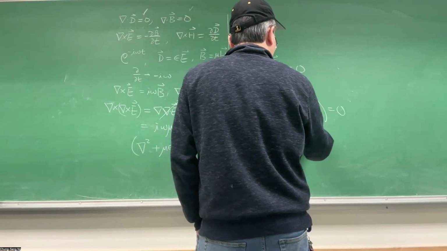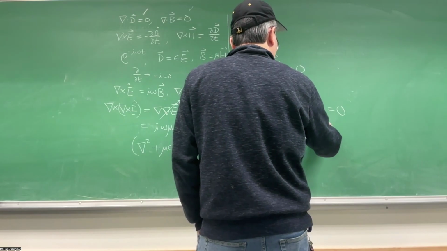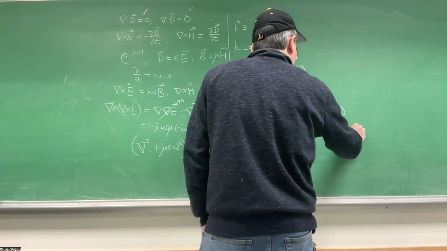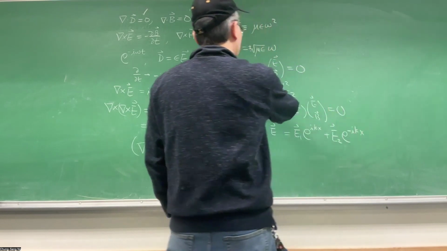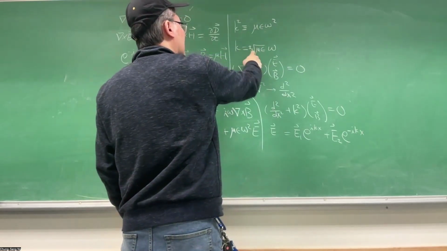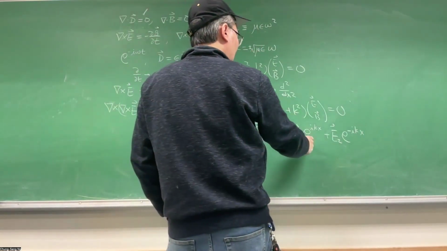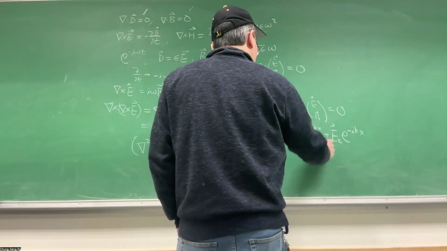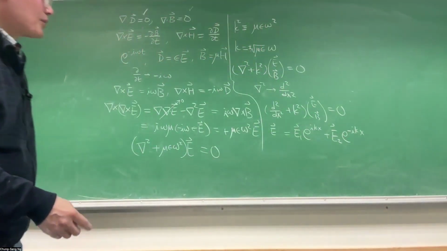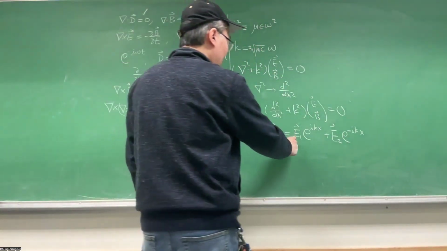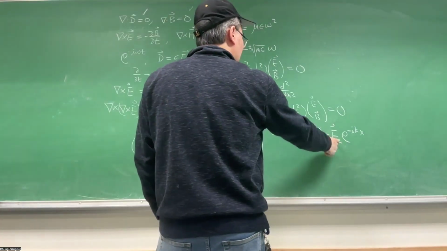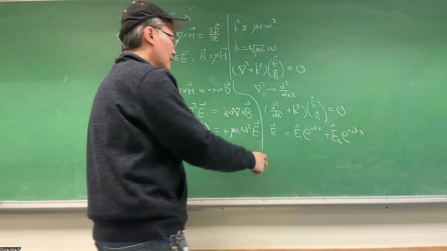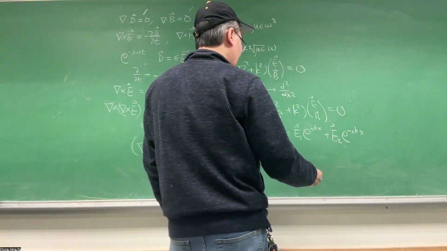One is e to the i kx, and because this is a second order equation, there are two solutions. The solution of a second order equation has two separate solutions, and then a general amplitude on each one. Because the equation is linear, you can multiply by any magnitude. So that should still be fine.